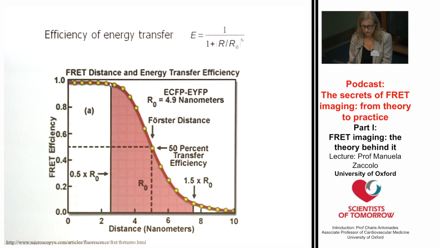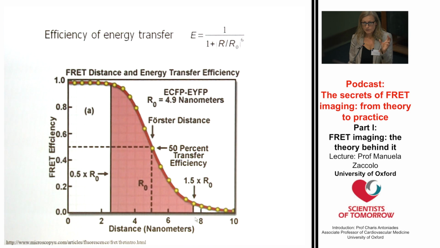So because of the dependency on the inverse 6th power of the distance, the curve that describes FRET efficiency over distance, as you can see here, declines in a very steep manner. And the range of distances which are good to measure FRET is very, very limited. So they extend between 0.5 times the Forster's distance and 1.5 times the Forster's distance, which for GFP pairs means anything between 2.5 nanometers and 7.5 nanometers.